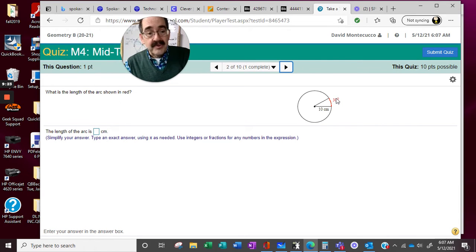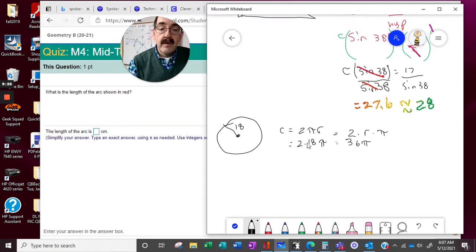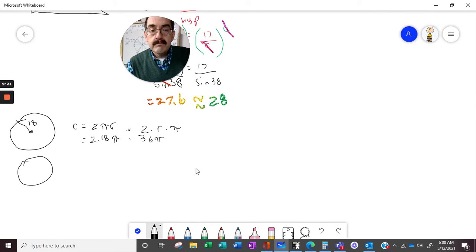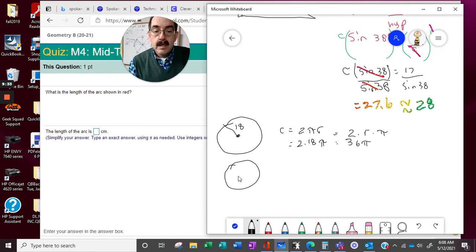And the next one, arc length. 30 of the 360, right? So there's a 10, there's our 30 degrees, total circumference is 2 pi r, in this case 2 times 10 times pi, so we have 20 pi. 20 pi is the entire thing.